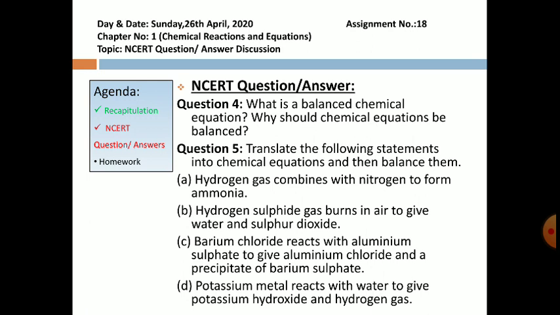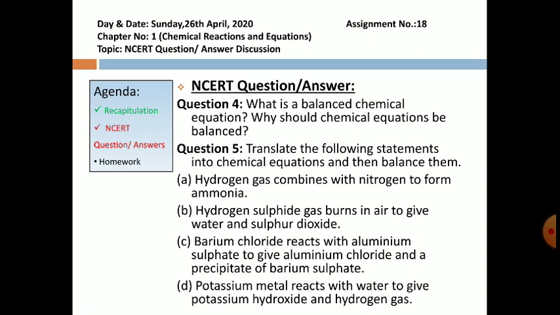The law of conservation of mass states that mass can neither be created nor destroyed. Hence, in a chemical reaction, the total mass of reactants should be equal to the total mass of products. It means the total number of atoms of each element should be equal on both sides of the chemical equation. Hence, chemical equations should be balanced.